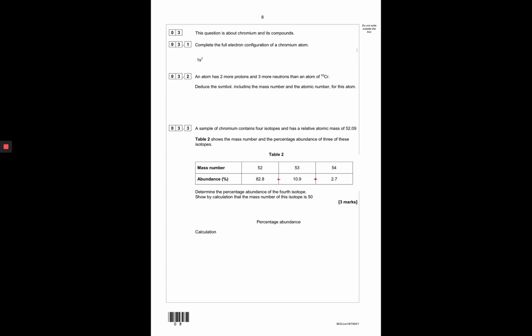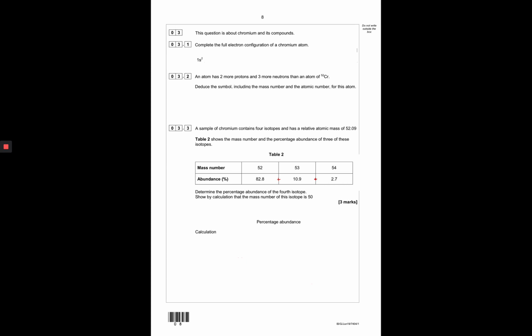Now they're moving on to chromium, and they ask us to complete the full electron configuration of chromium. It's interesting: when you did the electron configurations of the transition metals, or in fact electron configurations in general, you had a system. And then when you did the transition metals, you came across 2 anomalies to that system.